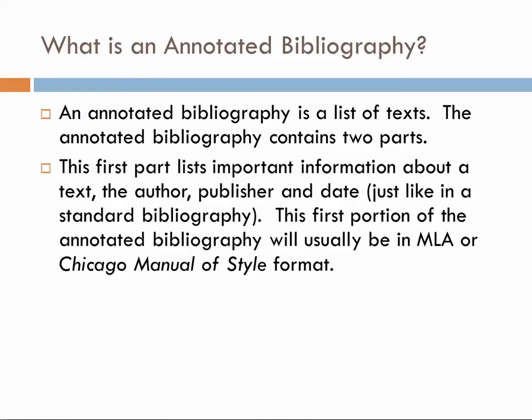The first part lists important information about the text: the author, the publisher, and the date, just like what we've already looked at in a standard bibliography. That first portion of the entry, and I'll show you an example in a minute, will usually be in the MLA or the Chicago Manual of Style format, depending on which you've chosen.